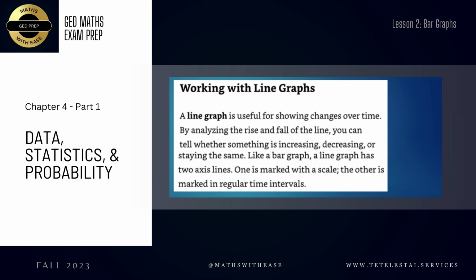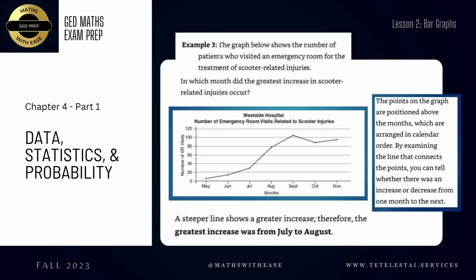So this is what a line graph would look like. In this example, we're being told that this graph is a representation of the number of patients who visited an emergency room for treatment of scooter-related injuries. The title will always tell you what the graph represents.